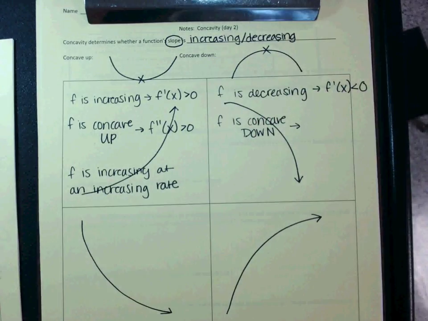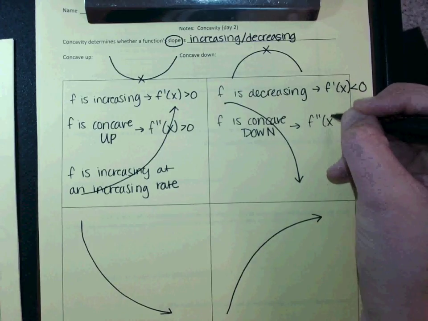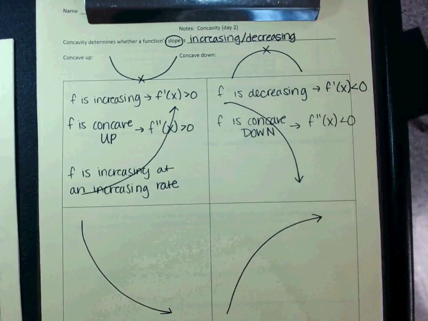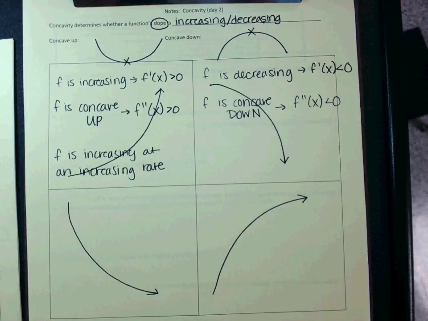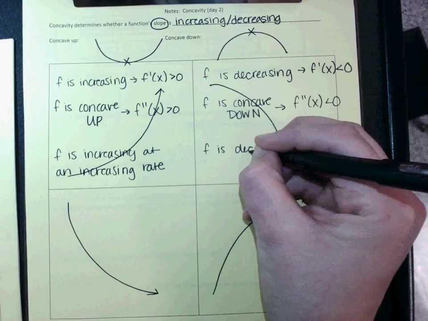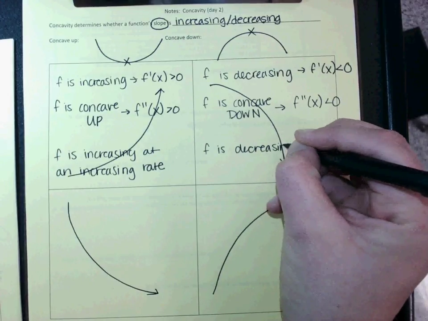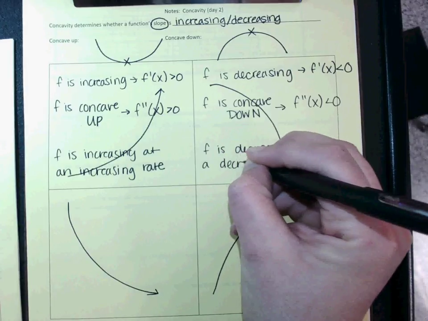What does that tell us? That f double prime of x is less than 0. That means that f is decreasing at a decreasing rate.